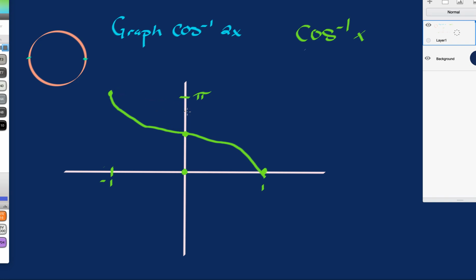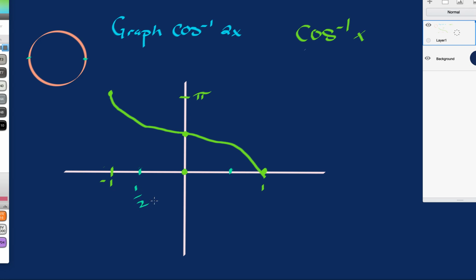And I'm sorry, that's not a really good drawing. I didn't draw it very fast, and I'm drawing it pretty large because I want to go back and draw this guy. This guy, believe it or not, does the same thing in terms of range, but its domain gets cut in half.